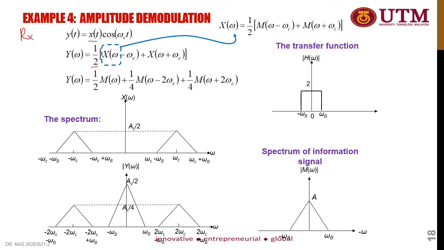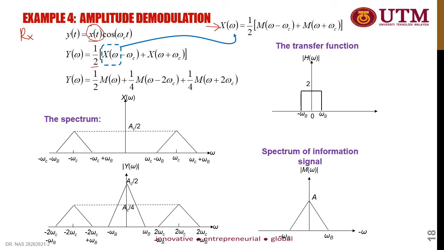So here you have X(omega). X(omega) is basically from x(t), the modulated signal given by this equation. If you refer back to the modulation process, this is basically the output from the modulation process.